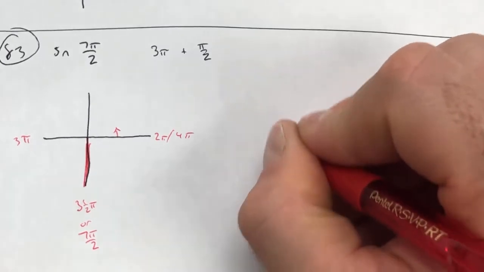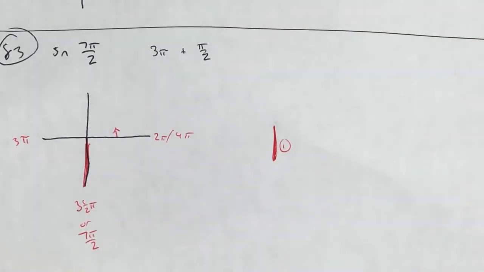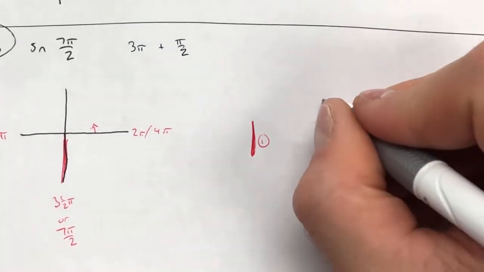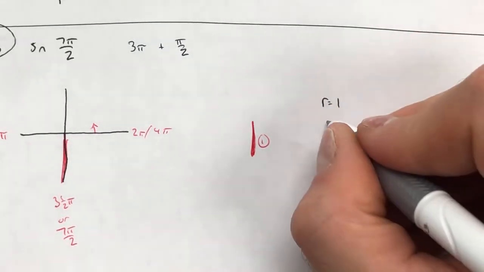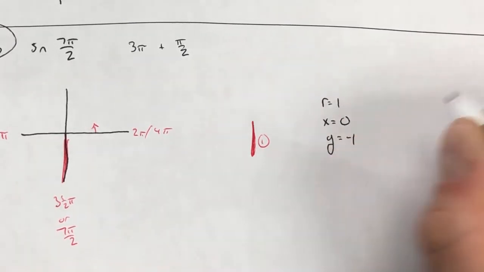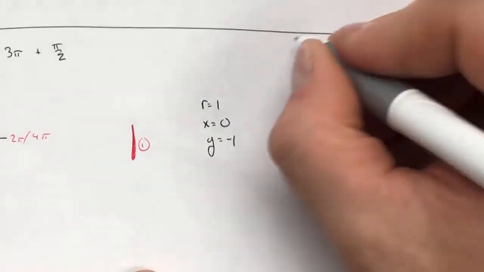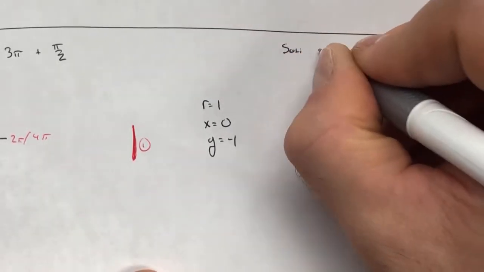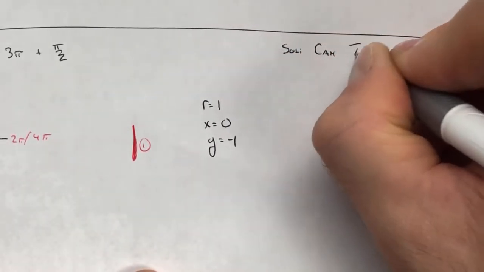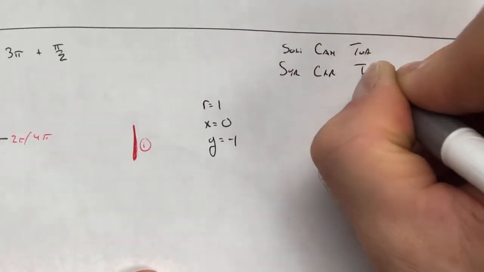And just like the two previous ones, I don't really have much of a triangle, but I do know its length is 1, so my radius is still of length 1. My x value this time doesn't exist, but my y value is -1 because it is going straight down. So I can either use SOH-CAH-TOA or SIR-KEXER-TIX.